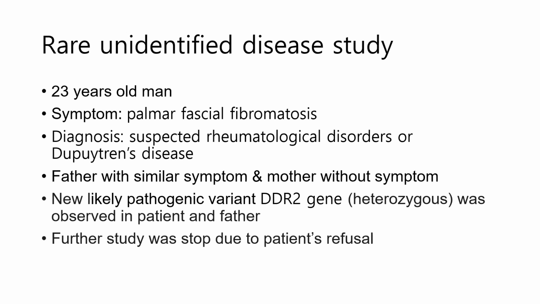When we performed the whole genome sequencing, we found a new likely pathogenic variant of the DDR2 gene, heterozygous, in the patient and his father. In this case, we also could not perform further study.